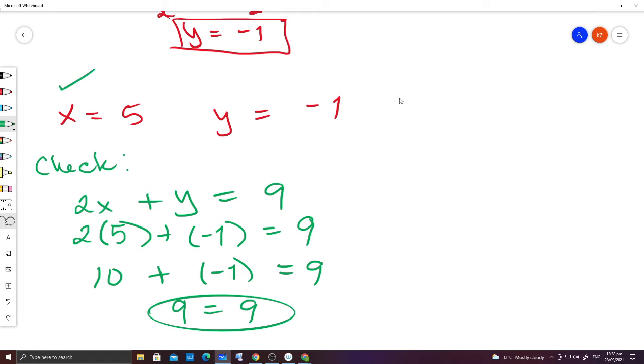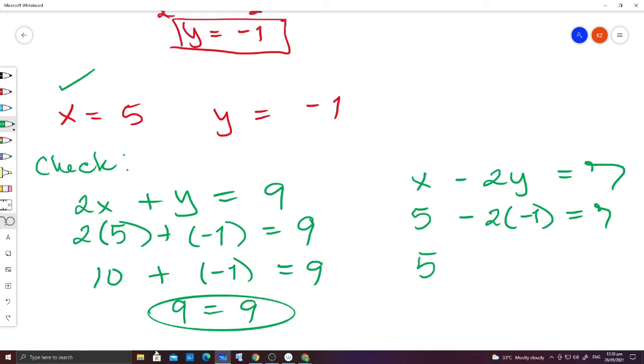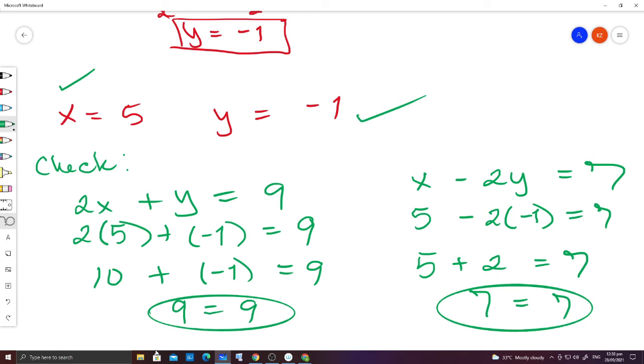So it means that our value of x is correct. Now for the second equation, x minus 2y equals 7. So we have 5 minus 2 times negative 1 equals 7. Negative 2 times negative 1 is positive 2. So 7 is equal to 7. Another proof that our answer is correct.